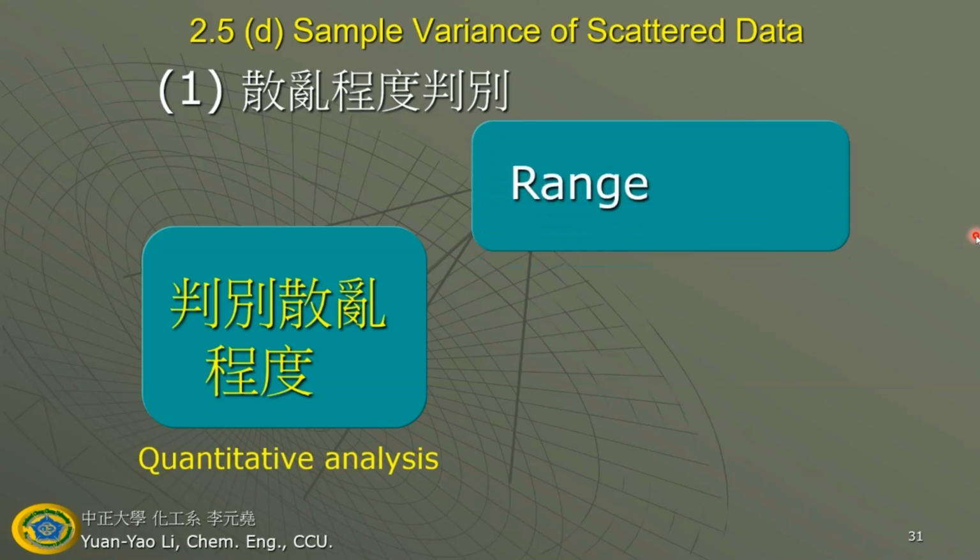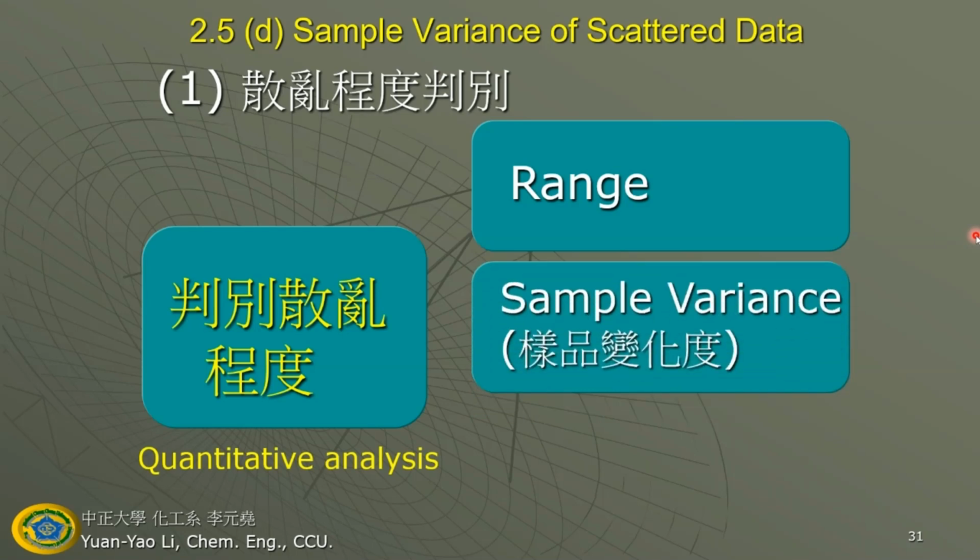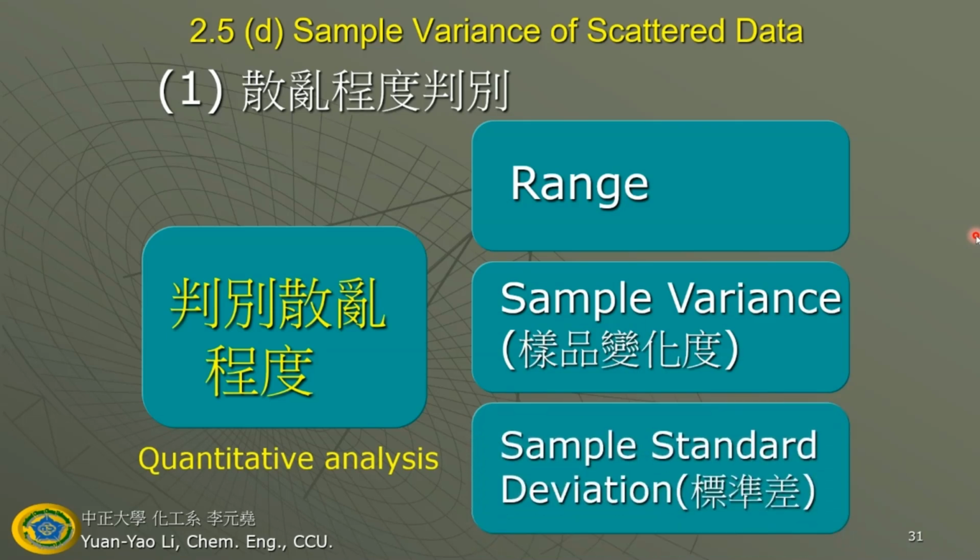First is the range, from the maximum to the minimum. The second one, we do using a mathematical method which we call sample variance. The third one is a kind of modification of the sample variance. We call it the sample standard deviation. So these three can tell you the number, how good they are, how bad they are.